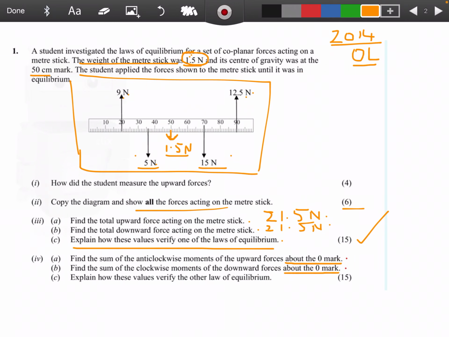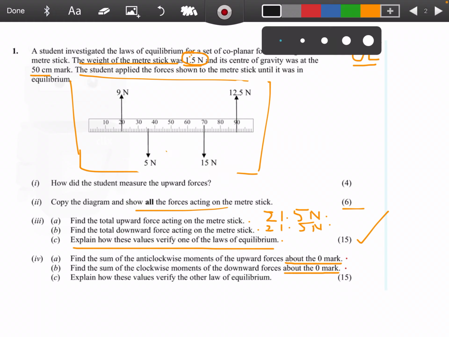You've got the 9 newtons and you've got it at the 0.2 mark. This is our 0 mark on the diagram. That is the 0 mark, okay? It is 0 centimeters on our meter stick.